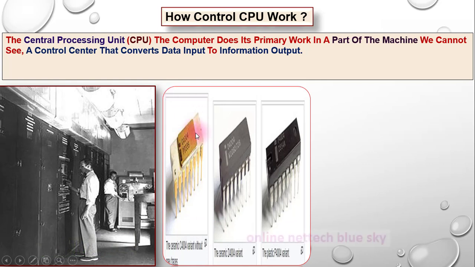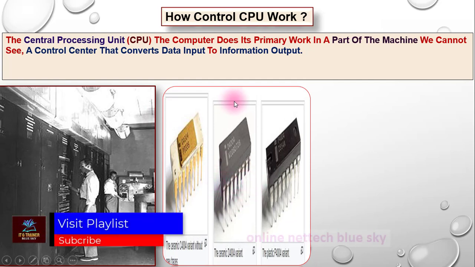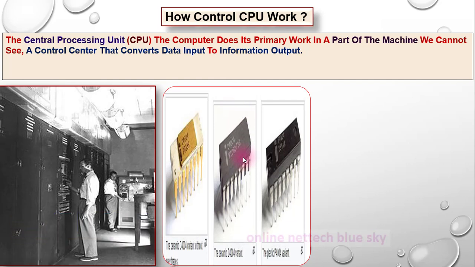First, the C4004 was created using ceramic material. After the ceramic variant, a second type of processor was created, the D4004. The third was created by the Intel company using plastic material.